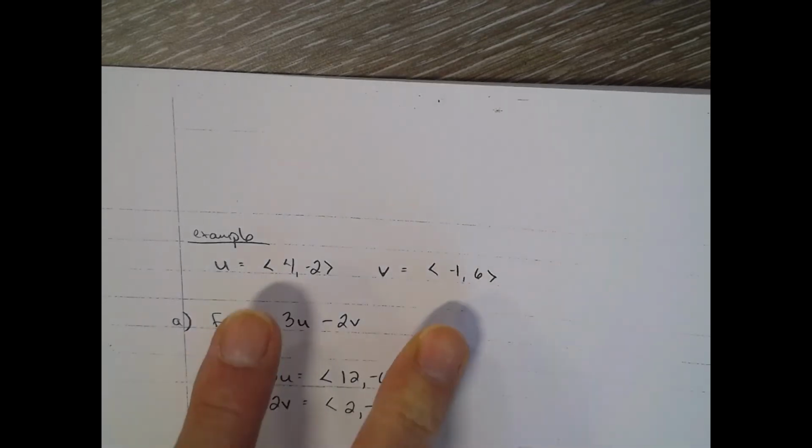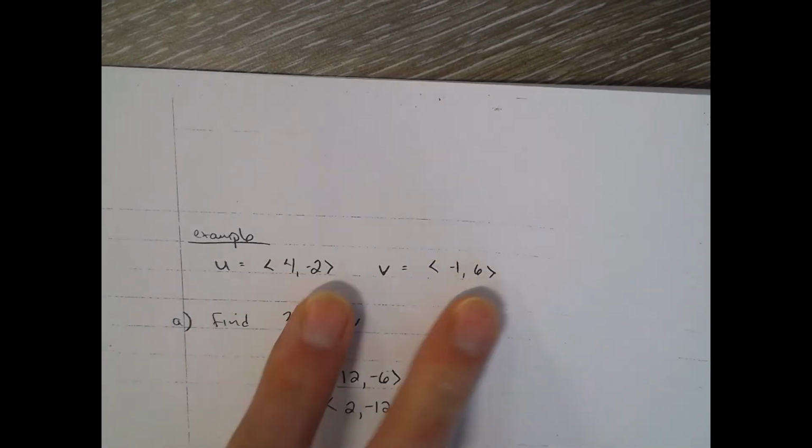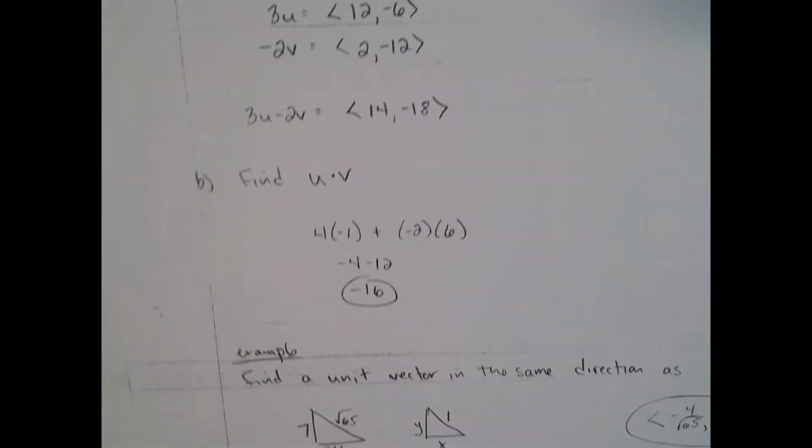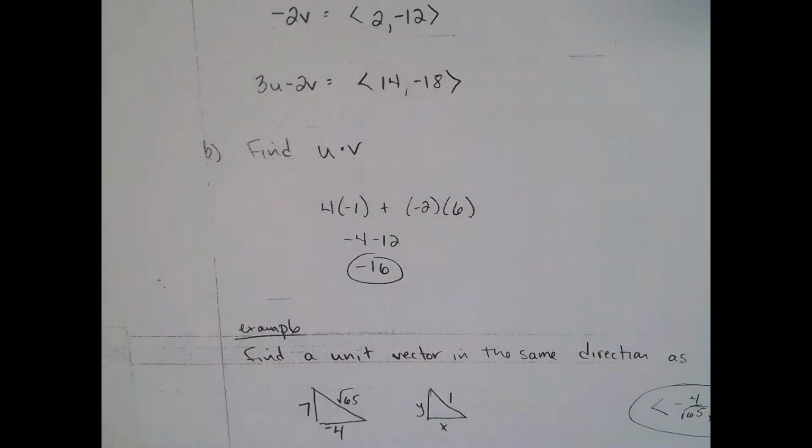Multiply the x's, multiply the y's, and combine them, and that's -16. You'll use a dot product in formulas, like projecting one vector onto another vector.